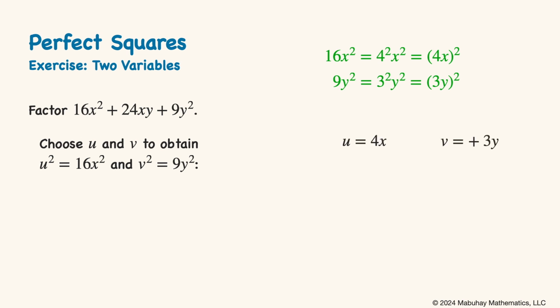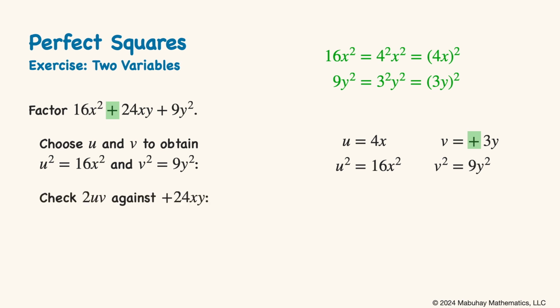So we can choose u equals 4x and giving v the same sign as the middle term, v equals plus 3y. As a sanity check, we square both to see that u squared becomes 16x squared and v squared is 9y squared as desired. To verify that it's a perfect square, we check 2uv against the middle term.